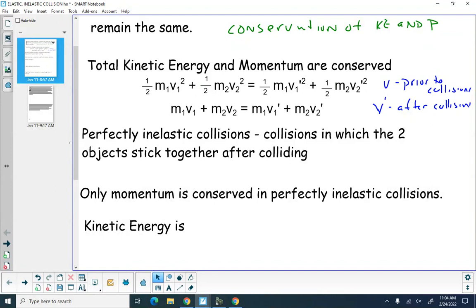Only momentum is conserved in perfectly inelastic collisions. Momentum will be conserved in all collisions. Kinetic energy will not be conserved in anything except perfectly elastic collisions. Other than perfectly elastic collisions, you're going to lose some thermal energy.